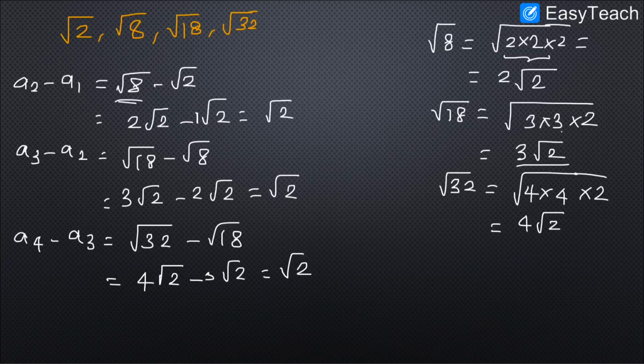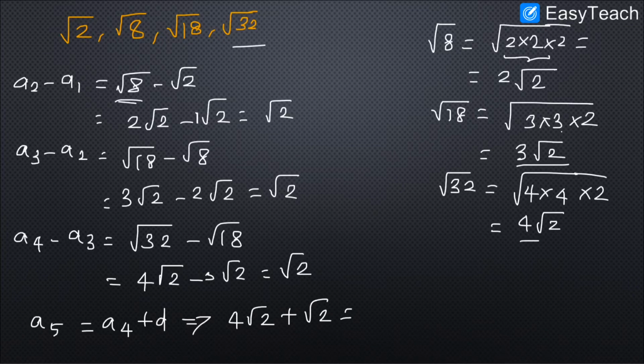Then how do we write the 5th, 6th and 7th terms? A1, 2, 3, 4, 5, the 5th term. A5 equals A4 plus D. What is A4? Root 32. Root 32 we can write as 4 root 2, plus the difference root 2, gives 5 root 2.